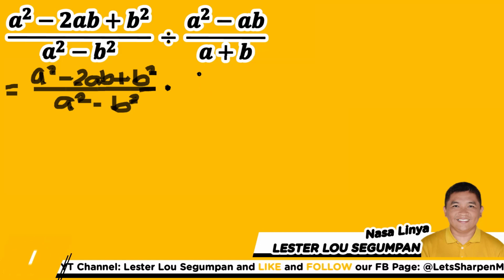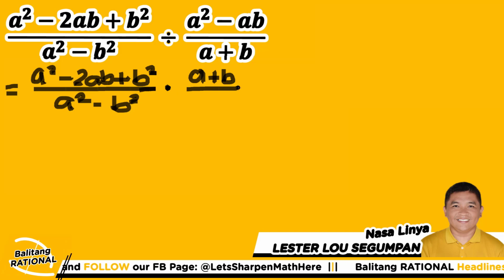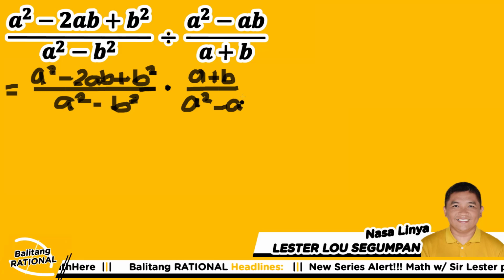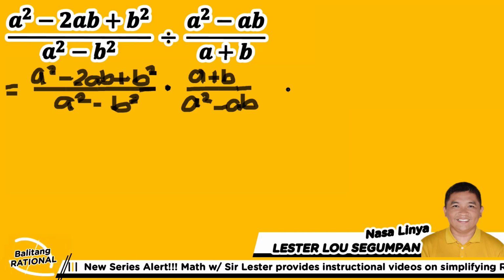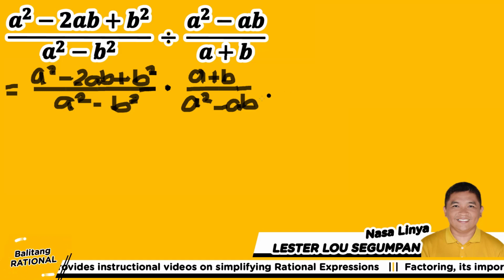So yung mangyayari po dito, yung a plus b, instead of being retained in our denominator, siya na po ang magiging numerator natin. At saka yung a squared minus ab would be our denominator. So for this, we are going to start factoring now. Take note that we have flipped the divisor because we are changing the operation to multiplication.